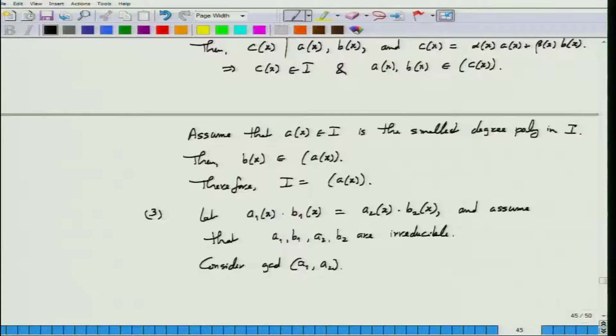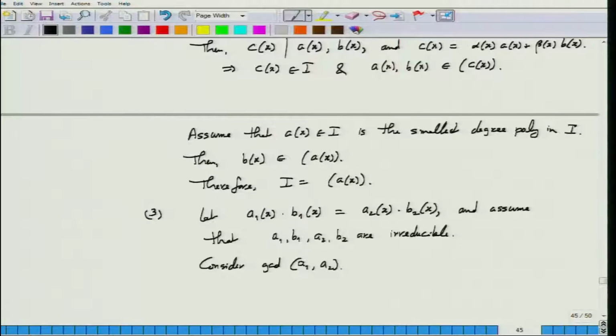Whatever the GCD polynomial is, that divides both A1 and A2. So because they are irreducible, that GCD is either equal to A2 or 1. If the GCD is equal to A2, that means A1 is equal to A2 except for a constant multiplier. So that is fine. Then of course we can argue the same way about B1, B2, and we are done.